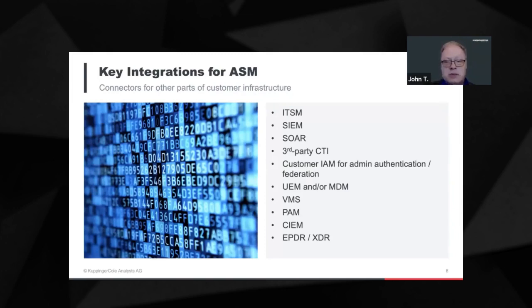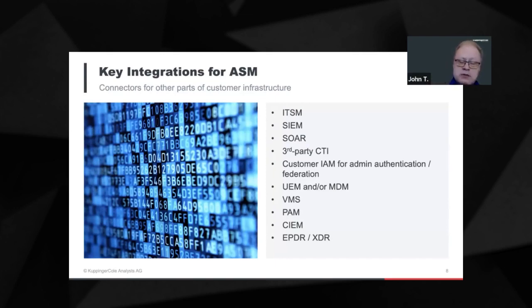So some of the most important integrations are IT service management that can help with issue tracking, case management, SIEM, your monitoring systems, SOAR, security orchestration, automation, and response. Third-party threat intelligence. Many organizations have subscriptions to third-party threat intelligence already.